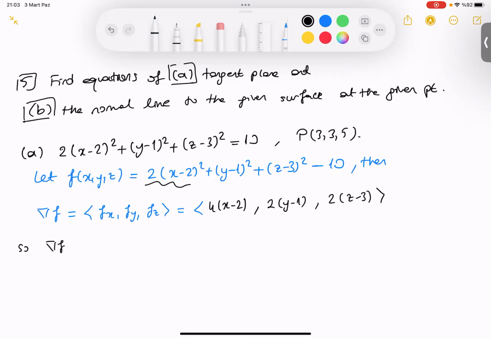So at the given point, we get what? Let me write directly. X equals 3, so we get 4 times (3 minus 1), 2, 4, and 2, 4 again. Okay. This is the normal vector.